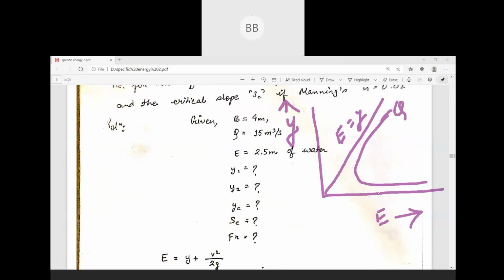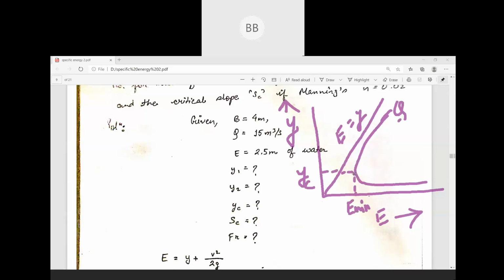Okay. So for any energy apart from your YC, so this is your critical depth, sorry, this is your critical energy, or you can say E minimum, specific energy minimum for that particular discharge. And corresponding to that particular E minimum, the depth is called YC.